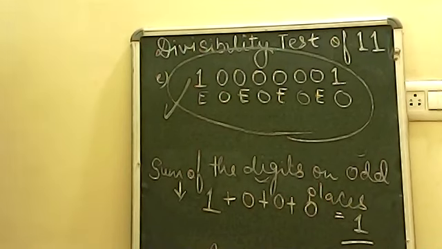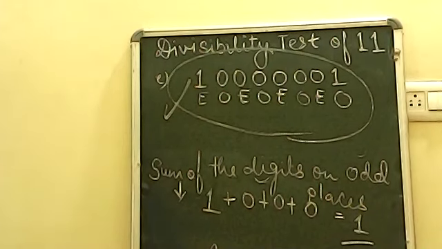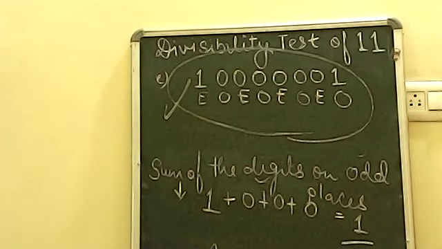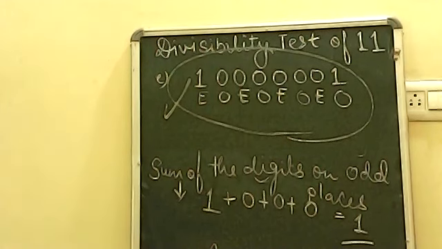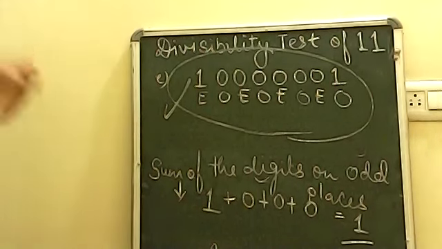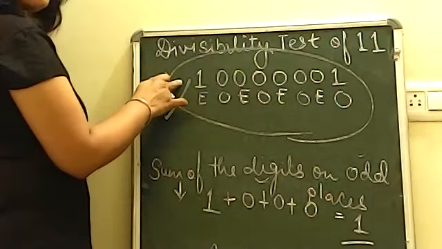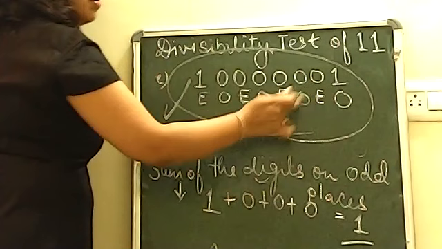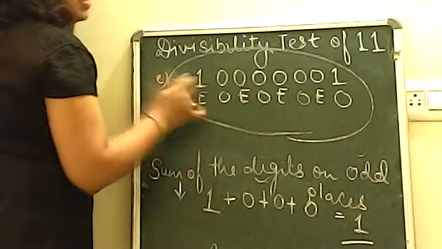Now remember students, for the divisibility test of 11, you need to practice it twice or thrice, because to remember this divisibility rule you have to follow the steps correctly. The confusing step is only marking the places. The marking should be odd, even, odd, even, odd, even, odd, even.